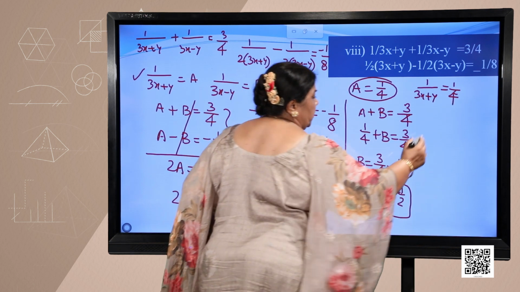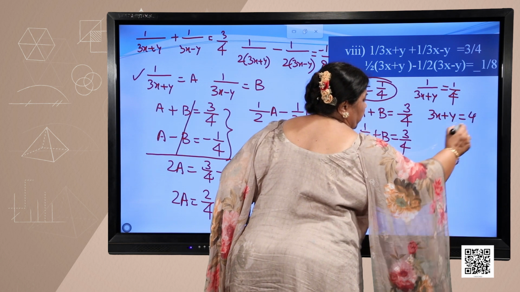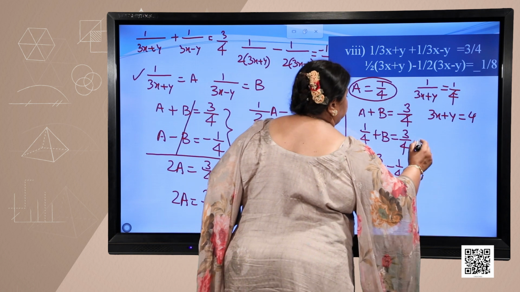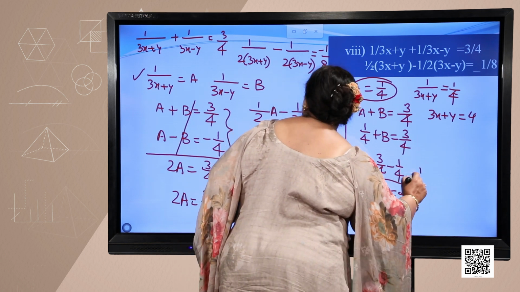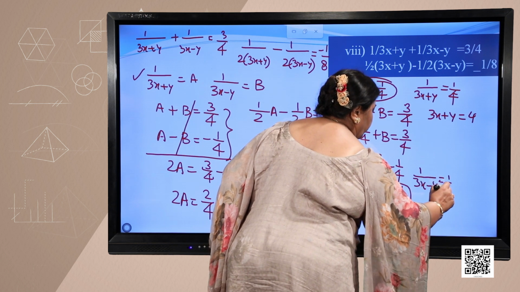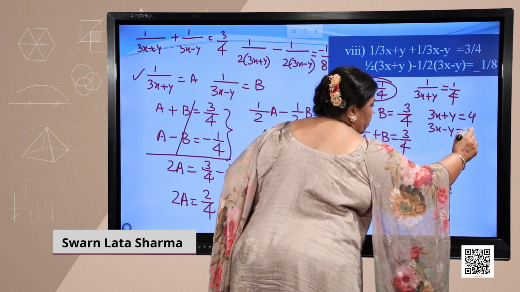Now, if I cross multiply, I get 3x plus y is equal to 4, and for the next equation we have 1 upon 3x minus y as 1 upon 2. So, 3x minus y is equal to 2.